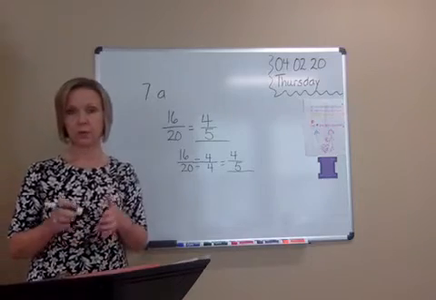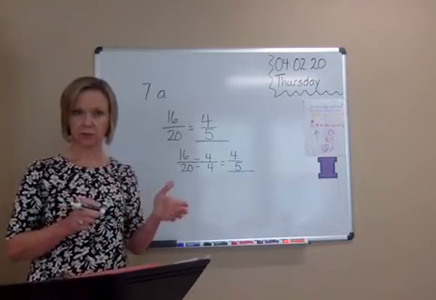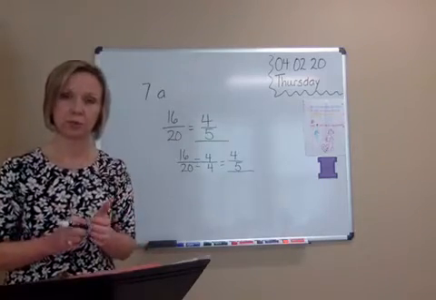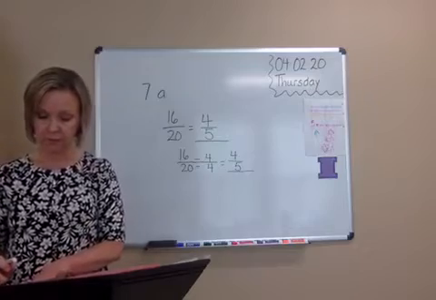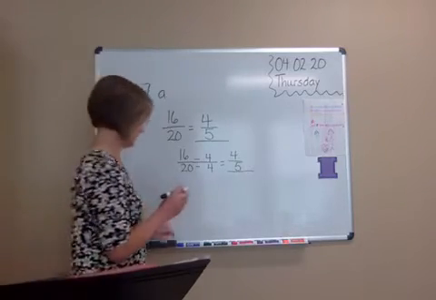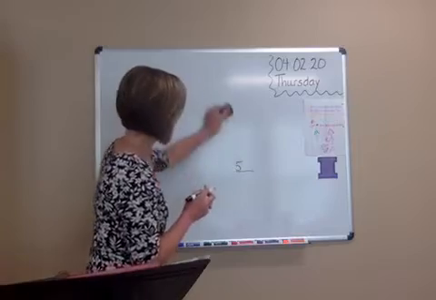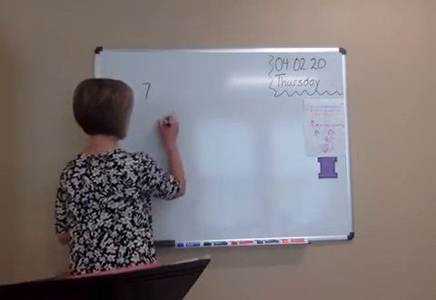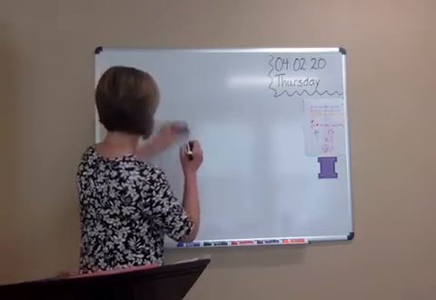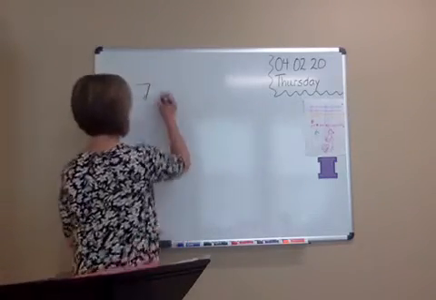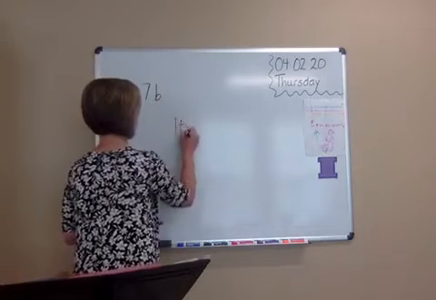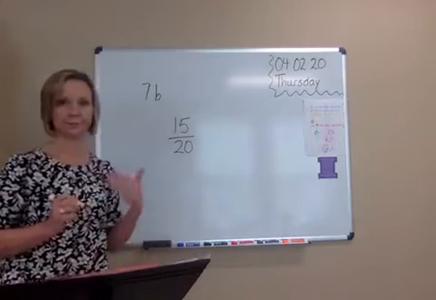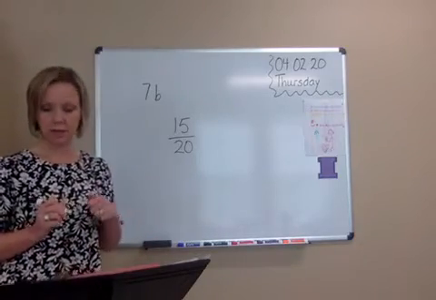Like I said, those videos are still available if you need to reference back to them. But you're looking at your tables and you're saying, like for 7B, 15/20. What is the highest table that I see both 15 and 20 on? And it's not the 1. No one tables, ever.